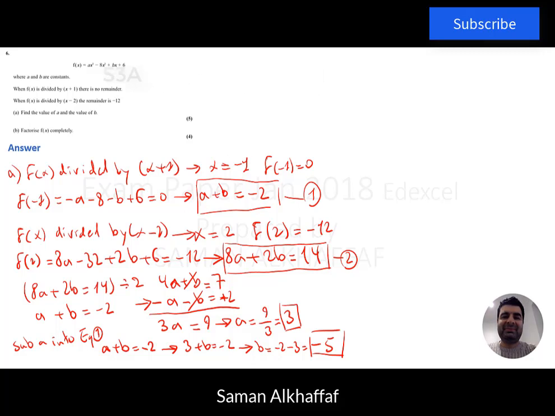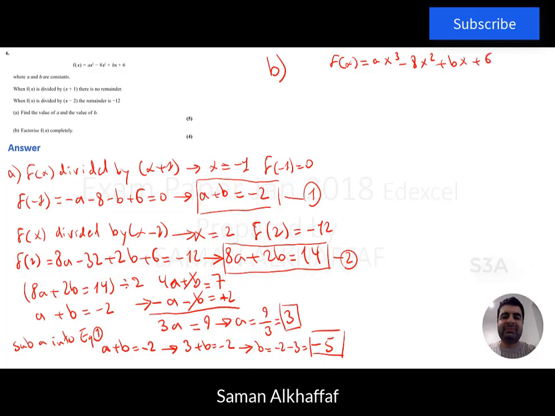Now for part B, we need to factorize f(x) completely. We start by looking at the function we are given and sub the values of a and b. First, f(x) was ax cubed minus 8x squared plus bx plus 6.